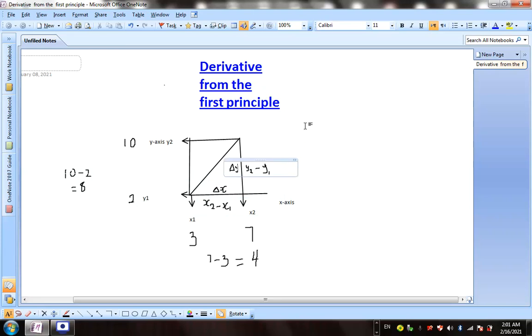So this delta, which is change, is known as delta, which means change.